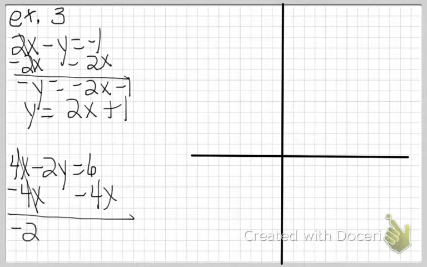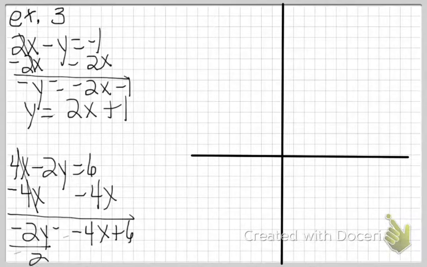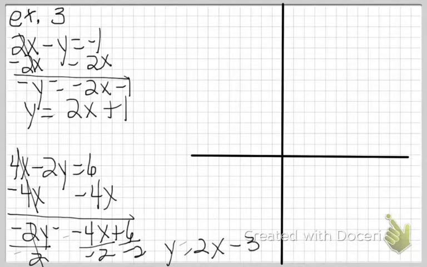So that's negative 2y is equal to negative 4x plus 6. Divide by negative 2. And we get y is equal to 2x minus 3. Again, those are parallel.